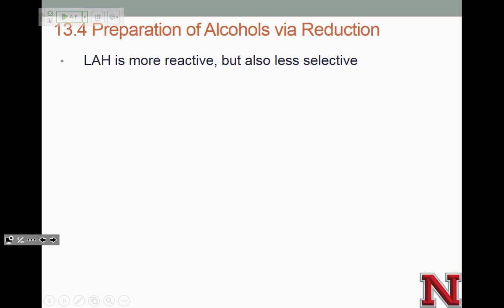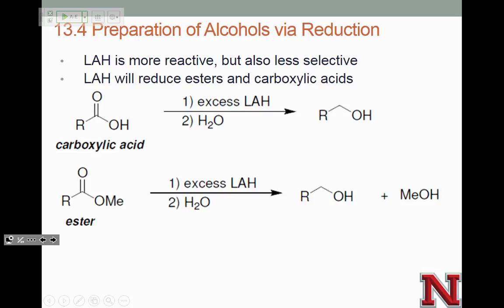So because lithium aluminum hydride is more reactive and it's less selective, what we actually see is lithium aluminum hydride can react with things like esters and carboxylic acids. Now our partial positive of our carbon in our ester and our carboxylic acid is more partial positive, but for that full reduction to occur, we have to have a leaving group.